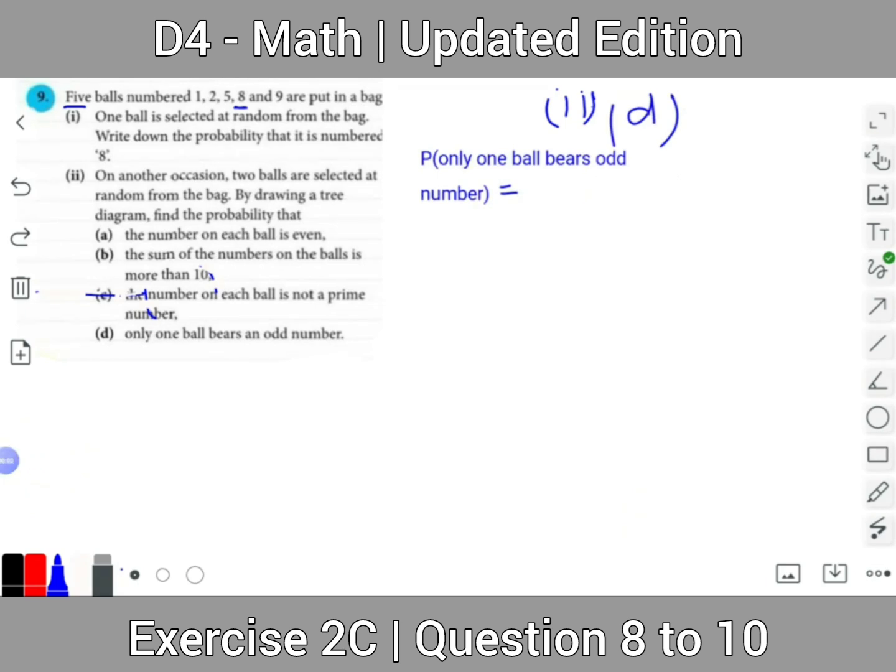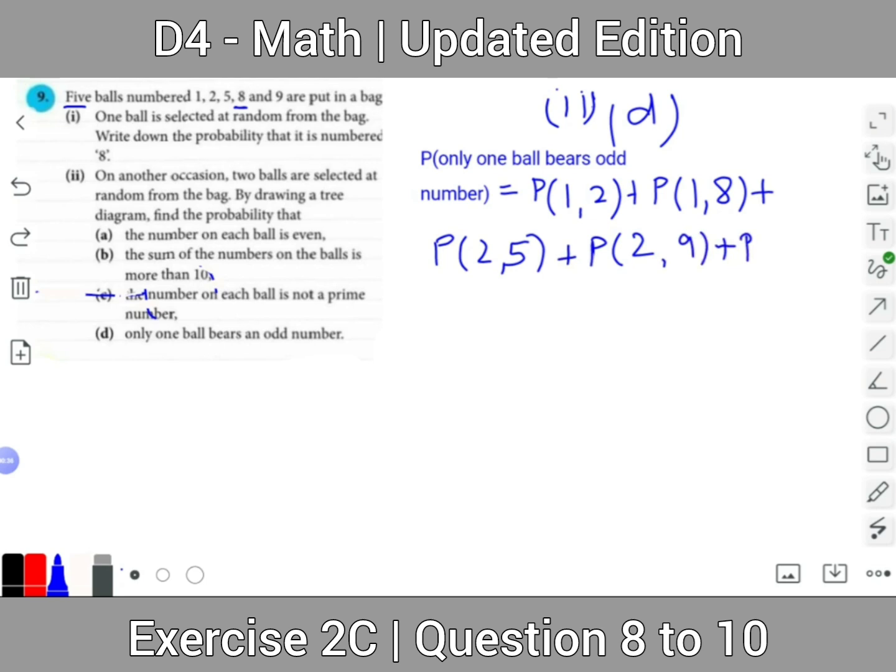Now in part D, we have to find the probability that only one ball bears an odd number. So for this, we have the probability of ordered pair 1 2 plus probability of ordered pair 1 8 plus probability of 2 5 plus probability of 2 9 plus probability of 5 8 and plus probability of 8 9.